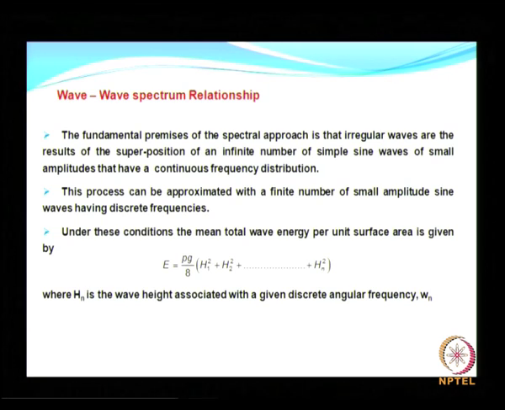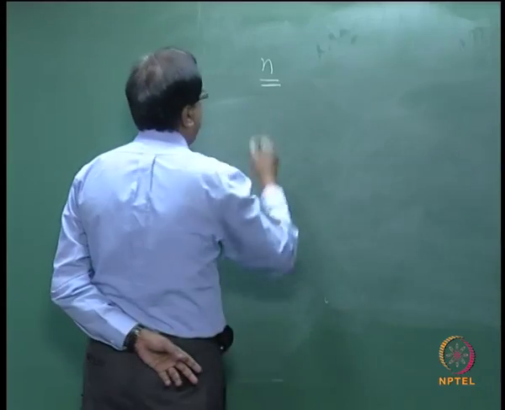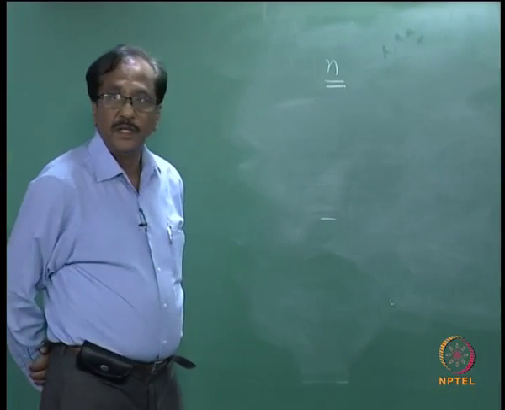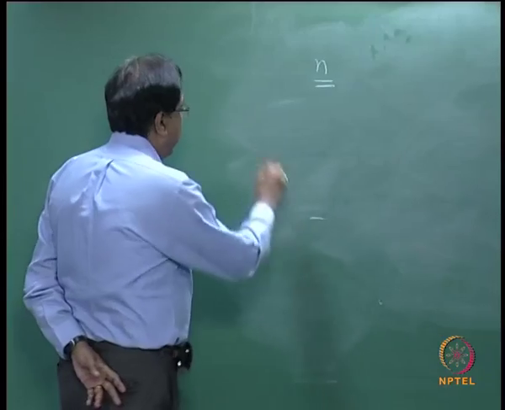The process can be approximated with a finite number of small amplitude sinusoidal waves having discrete frequencies. So, what is the total? Suppose if you have n number of wave components, what is your energy?